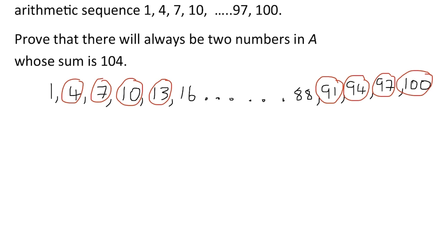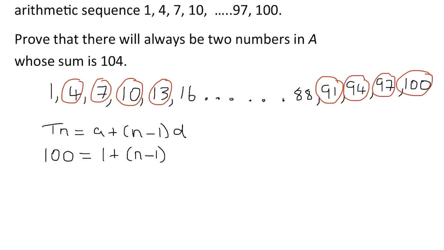First of all, let's find how many numbers are in this sequence so that we can have an idea of how many pairs there are. So, we know that Tn is equal to a plus (n minus 1)d for arithmetic sequences. So the last term, which is 100, is equal to 1 plus (n minus 1). The difference is 3.